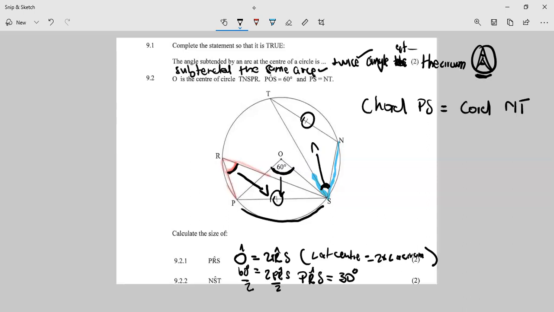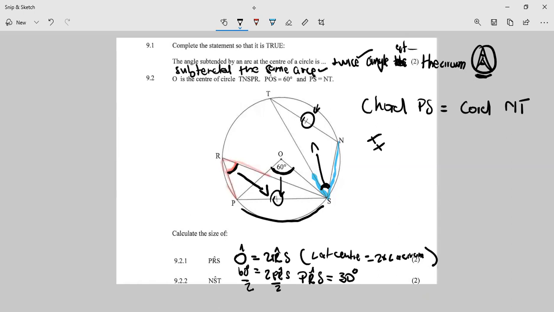With regards to those tiny lines that are there, it's important for you to know that these lines indicate that these two lines are equal. In most cases, they're going to let you know, but in some other cases, they're not going to tell you. The only thing they're going to do is just put those lines over there.